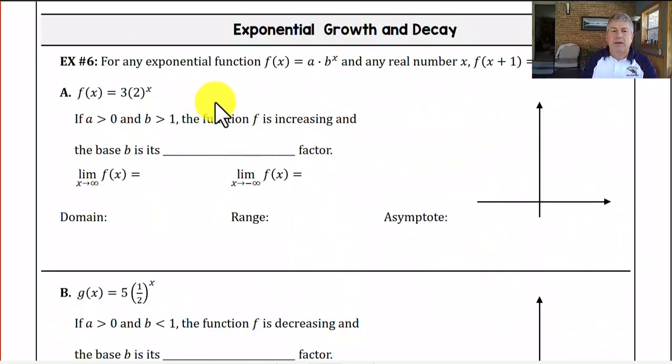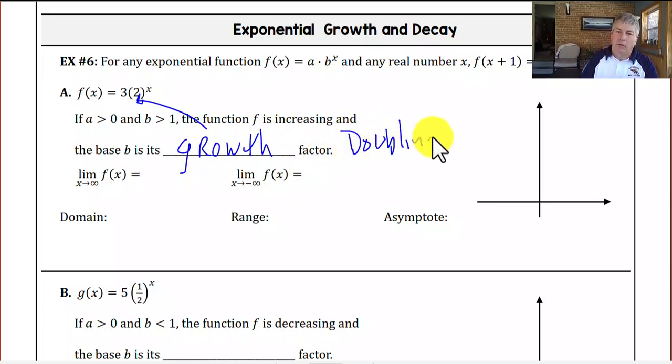In example 6, we have a function of 3 times 2 to the x, and if a is greater than 0 and b is greater than 1, the function is increasing, and the base b is its growth factor. So we are growing by a factor of 2, so that means, in this case, we are doubling.